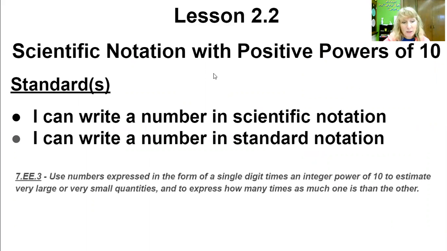We'll be working from standard 7.EE.3: use numbers expressed in the form of a single digit times an integer power of 10 to estimate very large or very small quantities, and to express how many times as much one is than the other. Today we're going to be talking about the very large numbers, and in our next lesson we will be talking about the very small numbers.